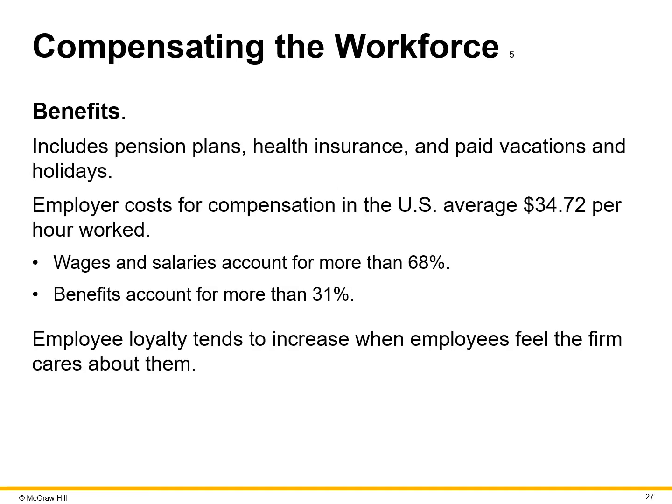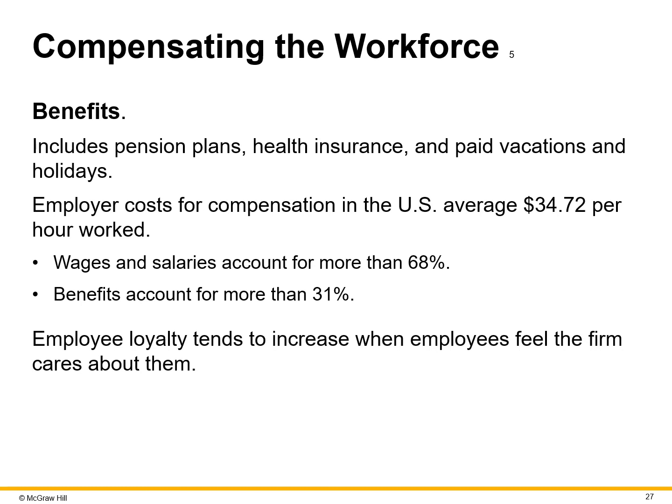Benefits are non-financial forms of compensation provided to employees, such as a pension plan, health insurance, life insurance, sick leave, holidays, credit union memberships, health programs, and childcare. Employer costs for compensation in the U.S. average $34.72 per hour worked.